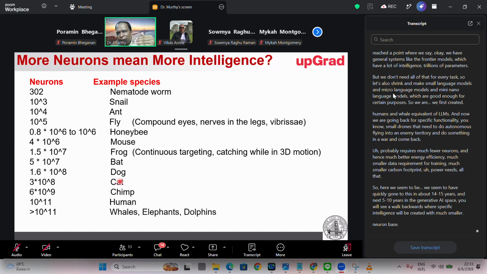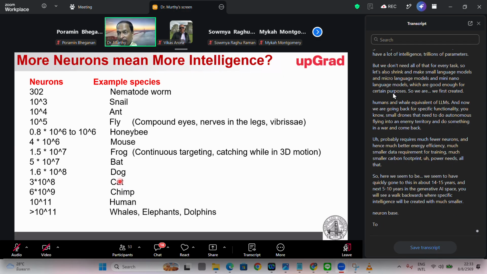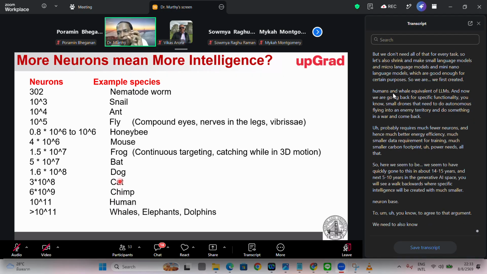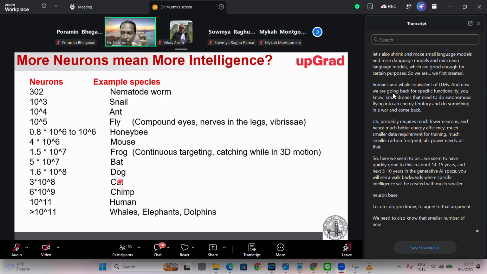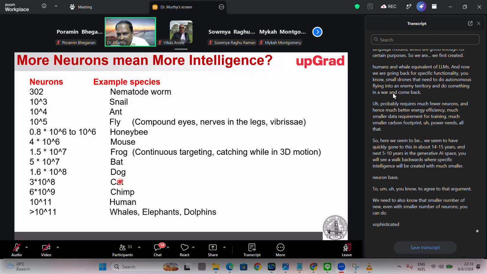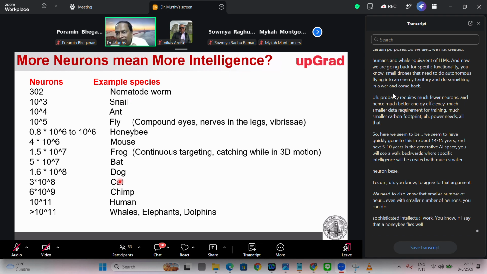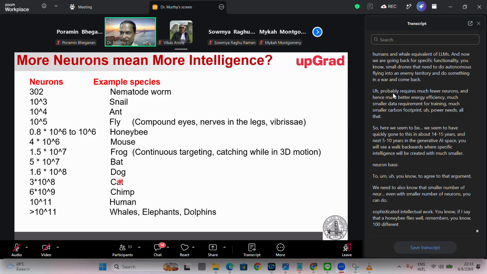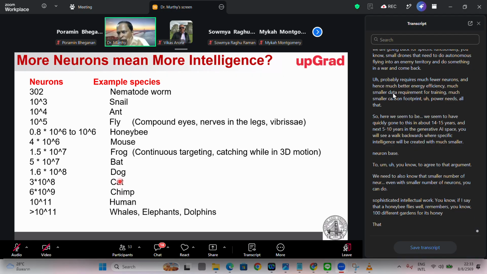To agree to that argument, we need to also know that even with smaller number of neurons, you can do sophisticated intellectual work. If I say that a honeybee flies well, remembers 100 different gardens for its honey, that's one thing.